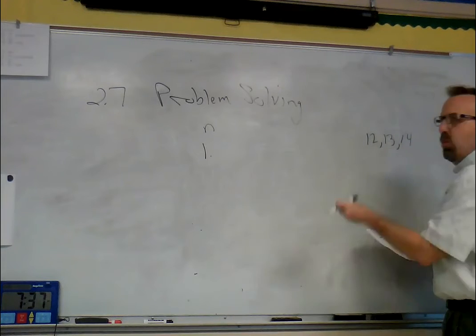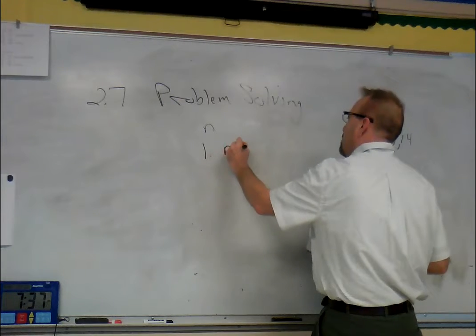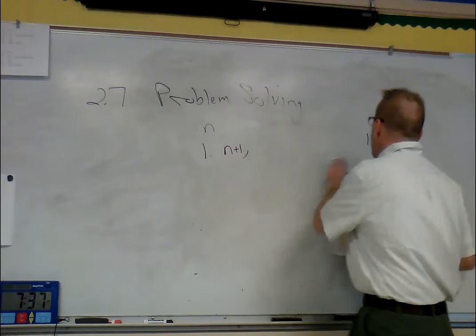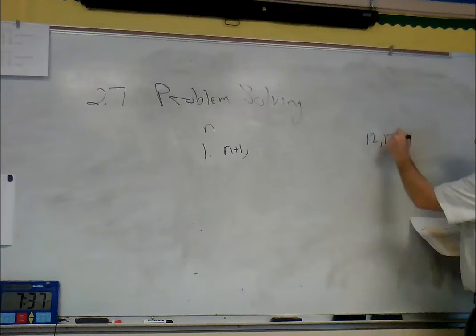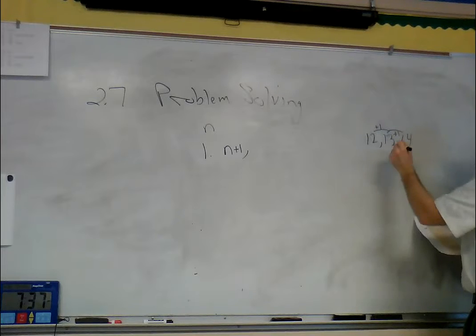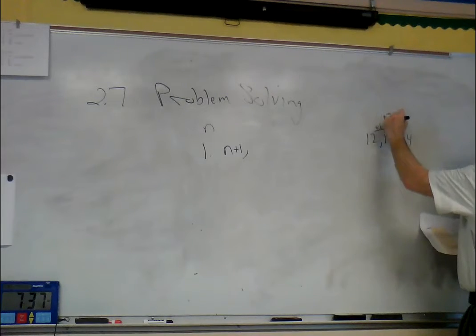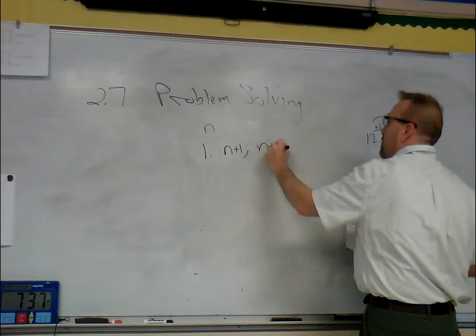So we did what with 1? We added 1. Now the next one, what did we do? We added 1 to here, which was adding 2. Okay, so then our next one would be n plus 2.